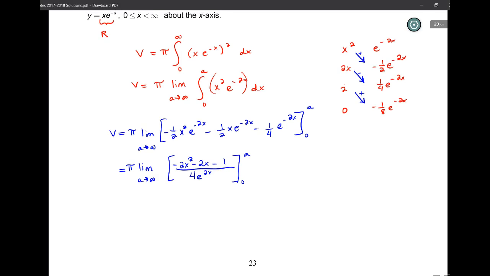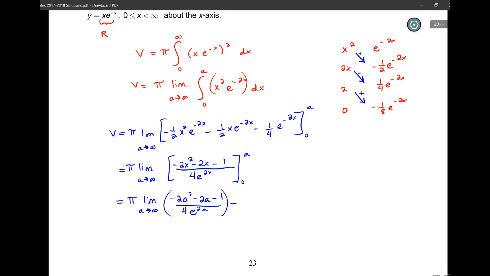Just makes it a little easier when I'm evaluating. So now I have basically negative 2a squared minus 2a minus 1 all over 4e to the 2a.